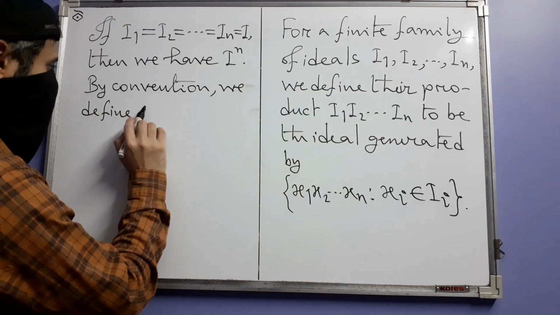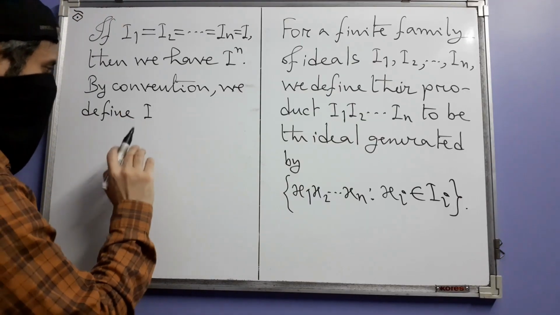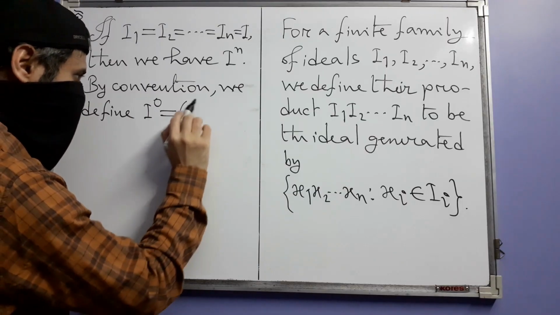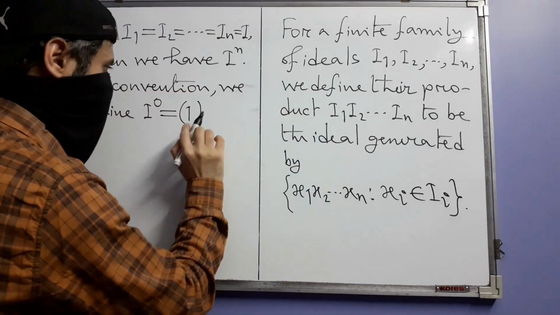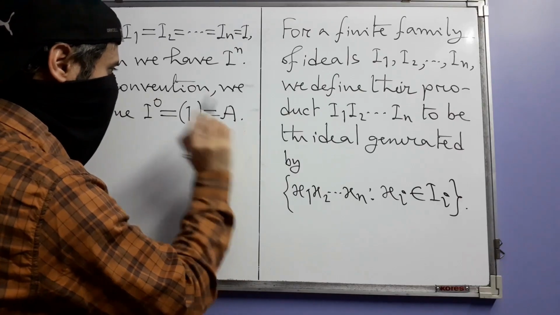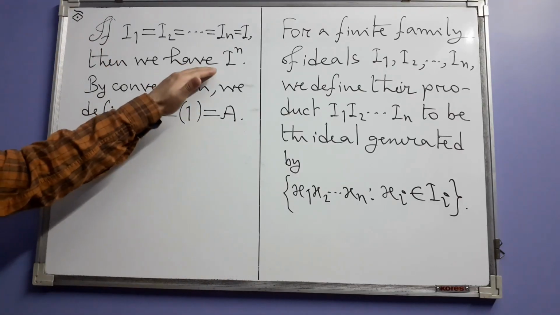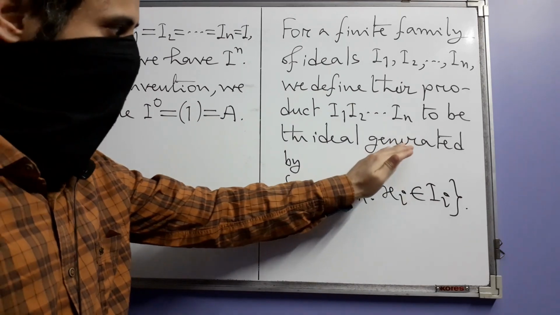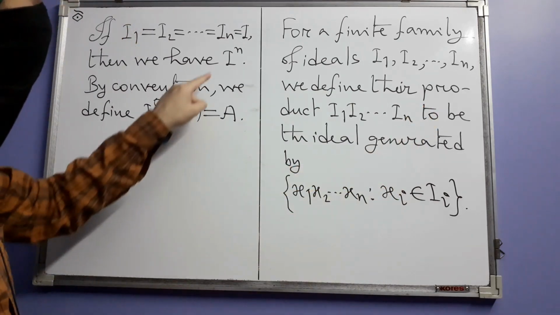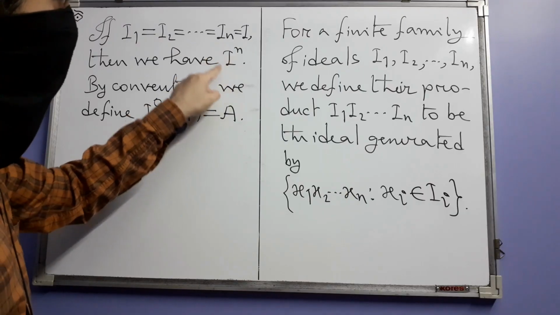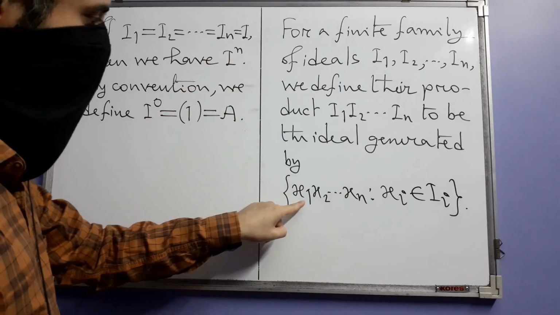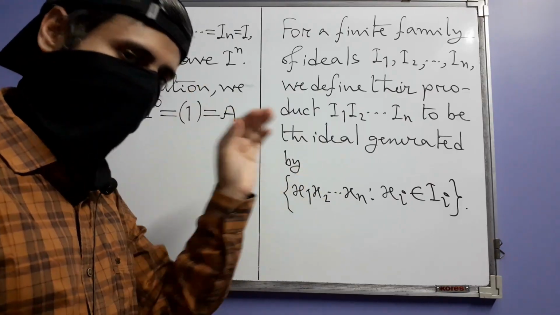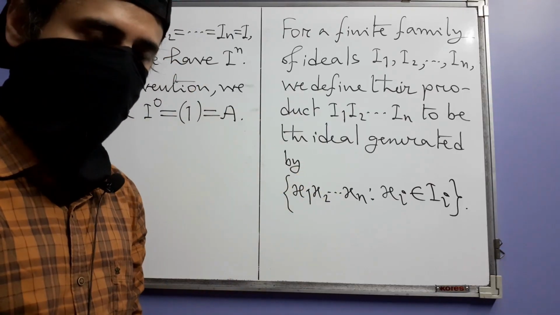However, by convention we define for any ideal I of our ring I to the power 0 to be this, which is just the entire ring. So if you go back to this definition of the generating set of our product ideal, in this case, this is the ideal generated by such products where all the xi's come from that one single I.